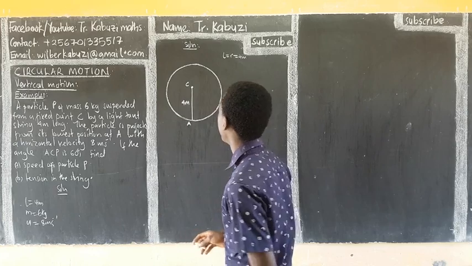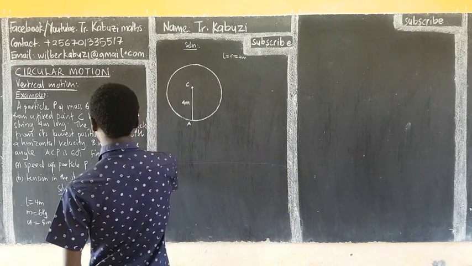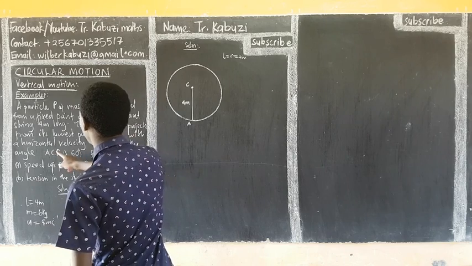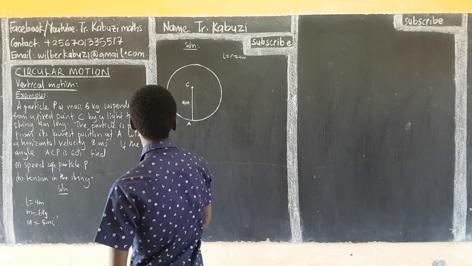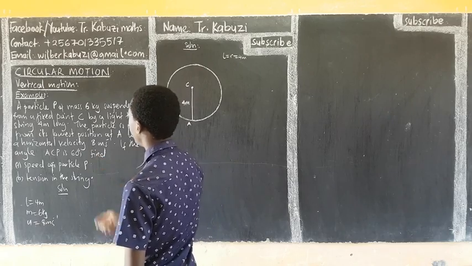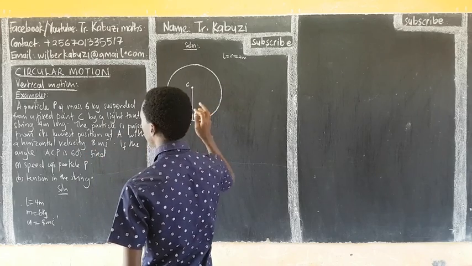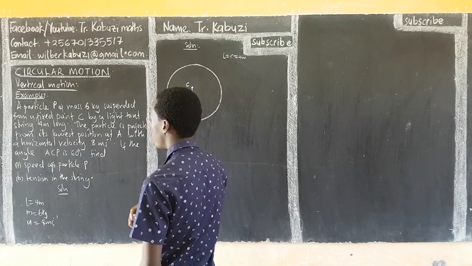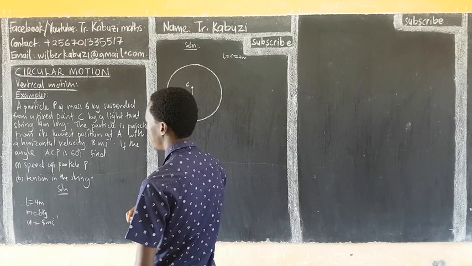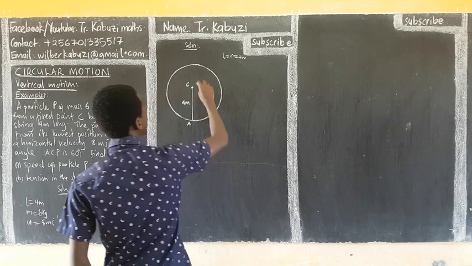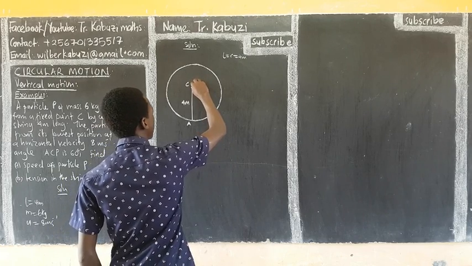Now you're telling me that at this point A with the velocity U of 8 meters per second, if the angle SCP, which means that now the particle is moving somewhere, is 60, find the speed of the particle P. So this is the case we have.